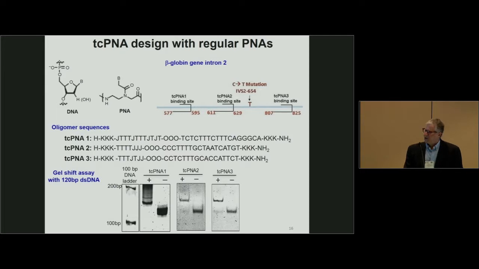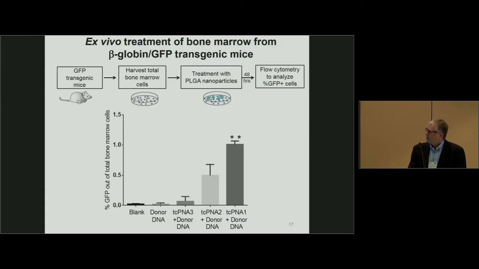We went ahead and designed some tail clamp PNAs to bind to the intron in the vicinity of the mutation to be corrected, and you see some examples there of the sequences and some data showing their binding specificity. So we went ahead and formulated those molecules with the donor DNA into nanoparticles.